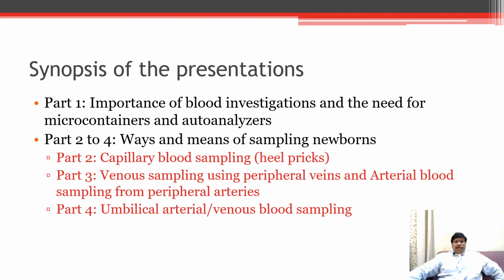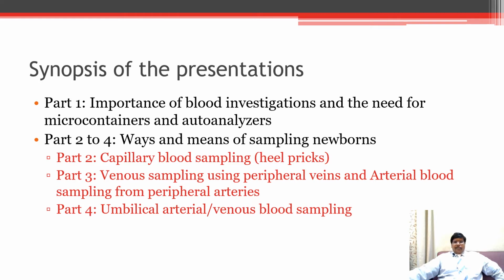Now, blood sampling is such an important topic that it cannot be covered in a single presentation, so there will be four parts. Part one, this current discussion, is about the importance of blood investigations and the need for micro containers and autoanalyzers.